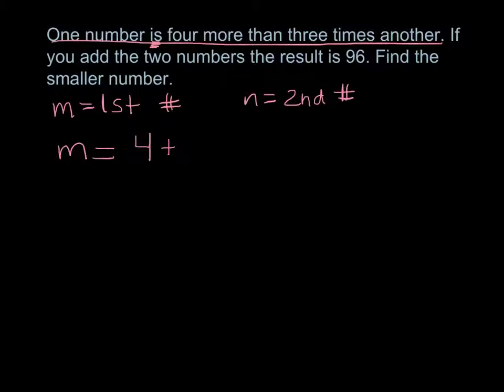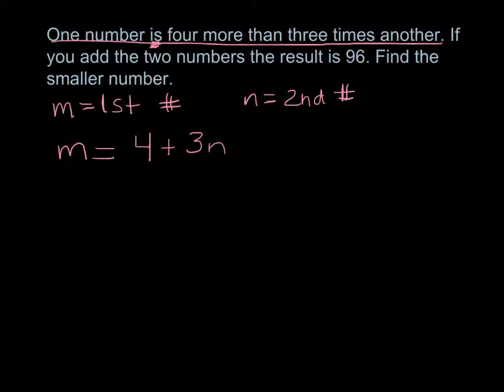Another would be another number, that would be 3n. So let's read this again to make sure our sentence makes sense. One number, m, equals 4 more than 3 times another, n. Good, I think we did it.